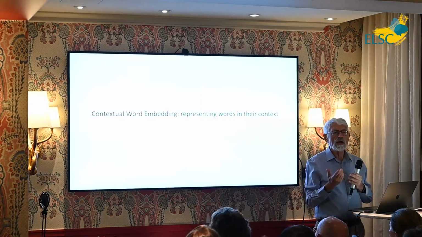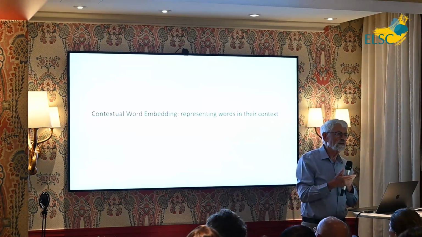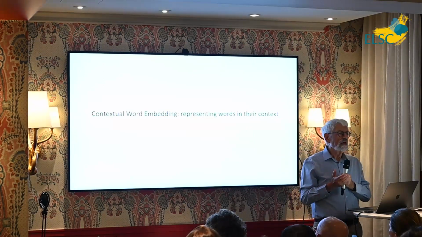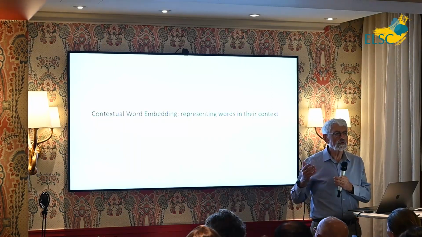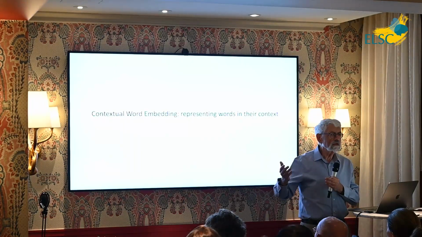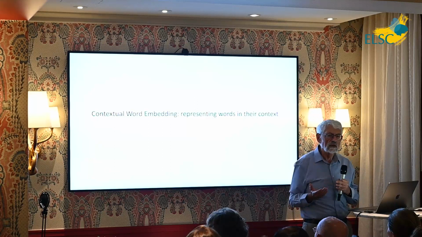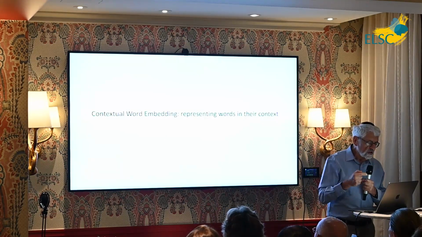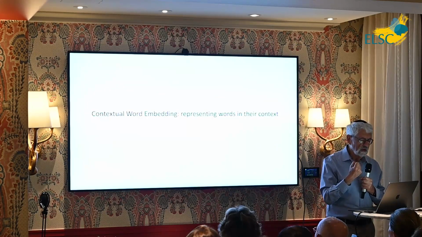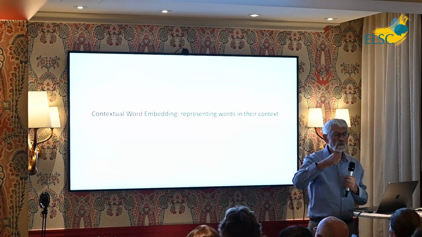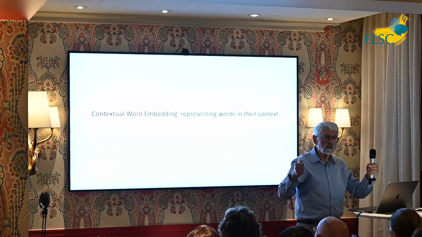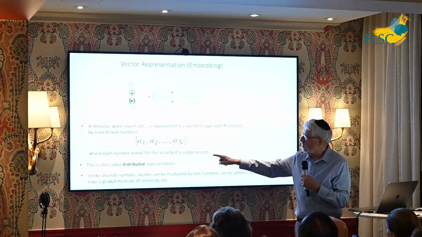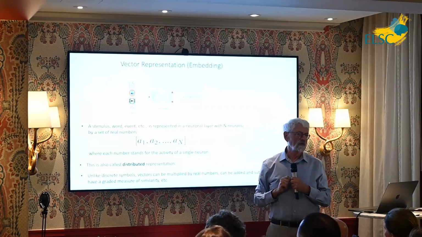But the meaning of the word bank will be very different if it is in a financial context, then it will be a bank, or in the context of walking near a river, that will be another bank, a completely different meaning. So what language models manage to do is to capture the context of each word as it appears in a specific sentence and change the vector representation of it depending on the context. Okay?